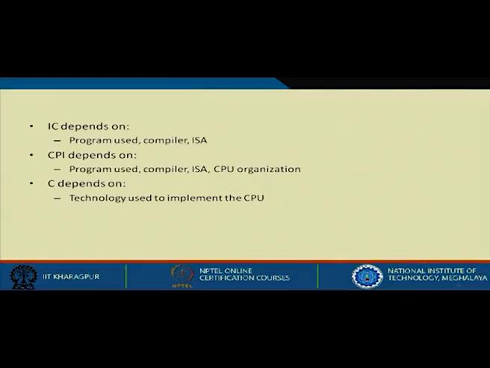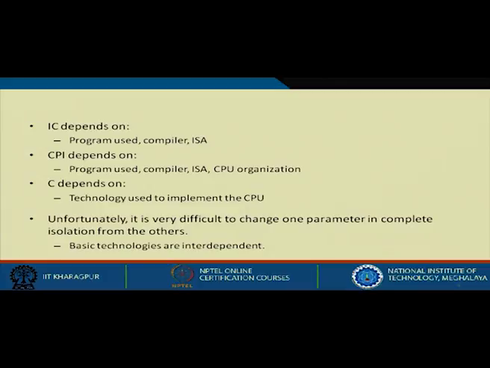And finally, C depends entirely on the technology used to implement the CPU. It is unfortunate that it is very difficult to change one parameter in isolation from the others. The basic technologies are very much interrelated, so we really cannot vary one parameter completely compared to the other.